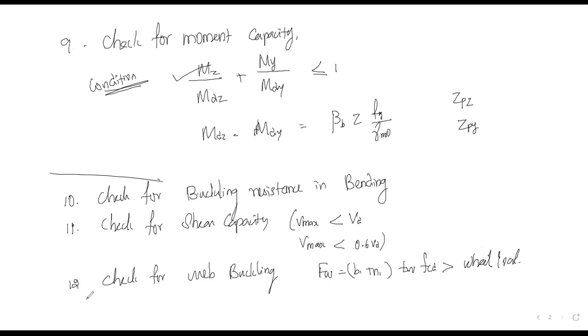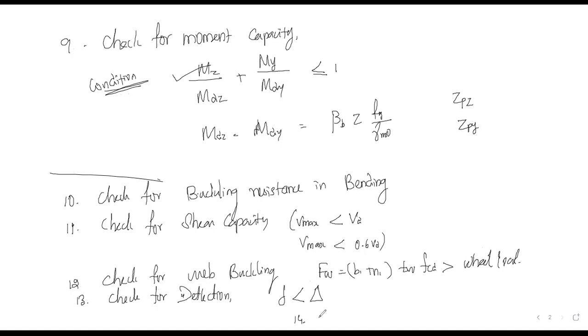Okay, then step 13 is check for deflection. So here the small delta should be less than capital delta. That is the condition.